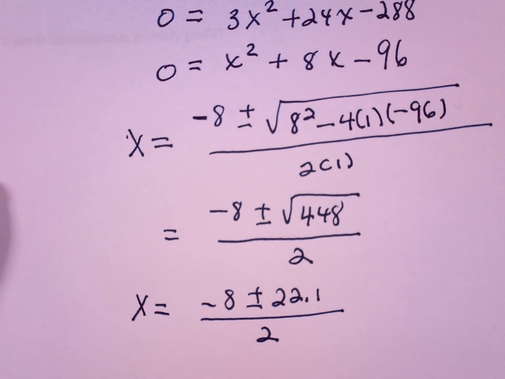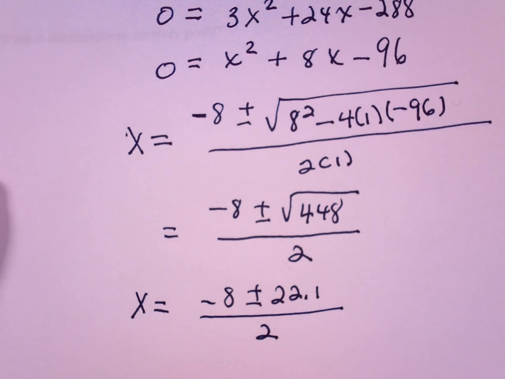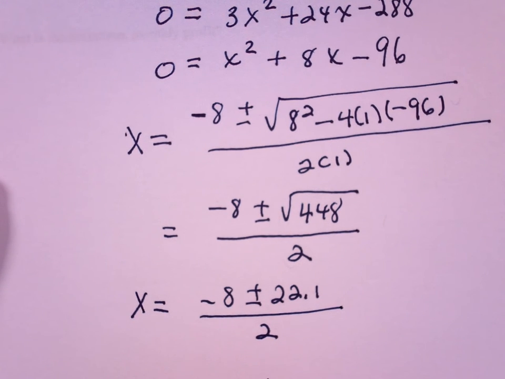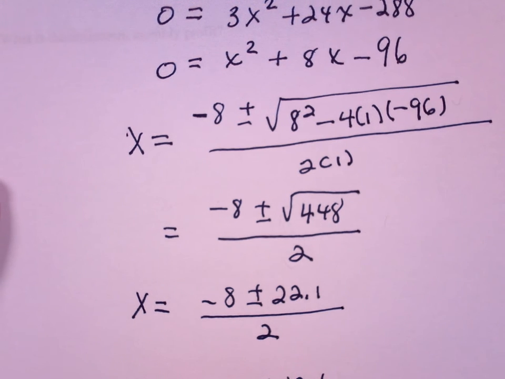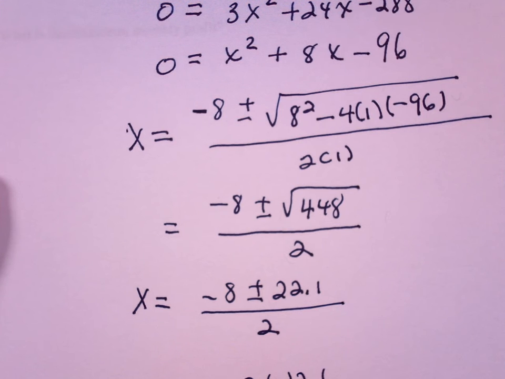The negative, because minus 8 minus 22.1 is a negative number, divided by 2 is a negative number. The only one that's going to mean anything is negative 8 plus 22.1 over 2. Divide that by 2, and 7.1.